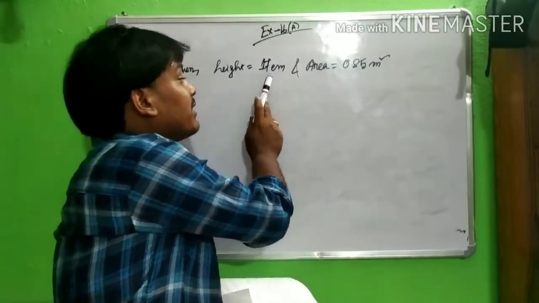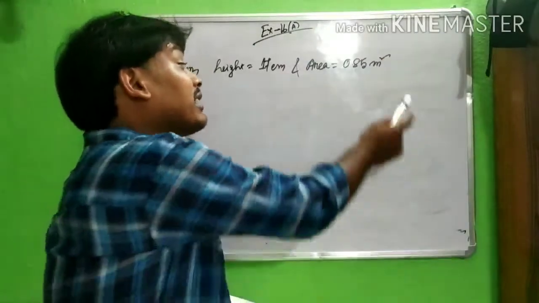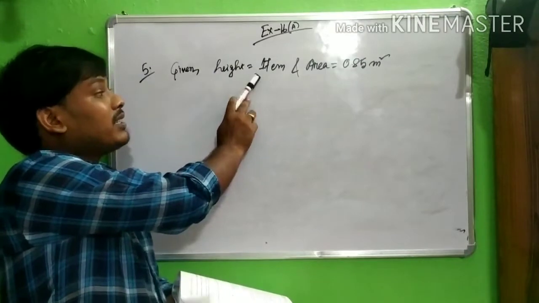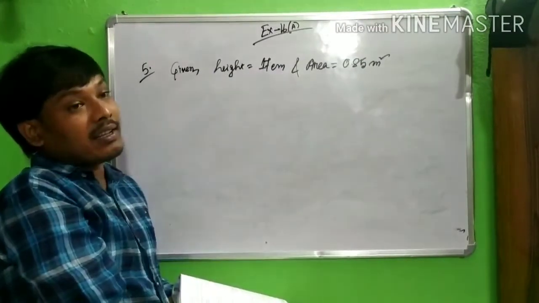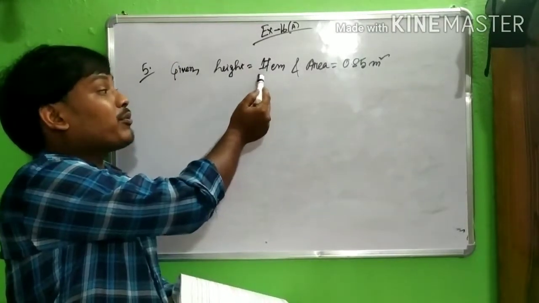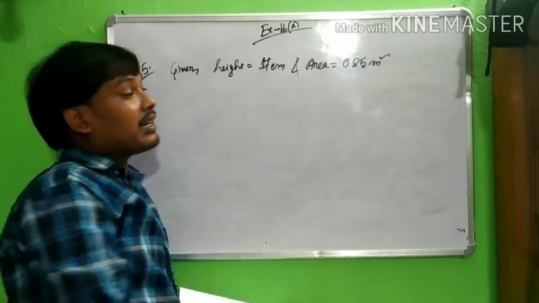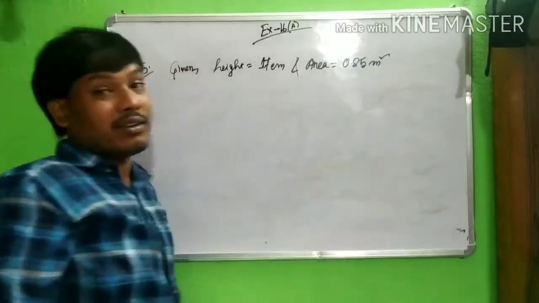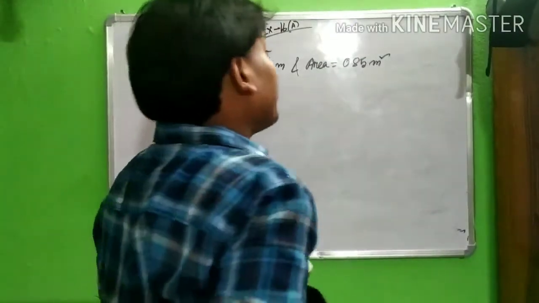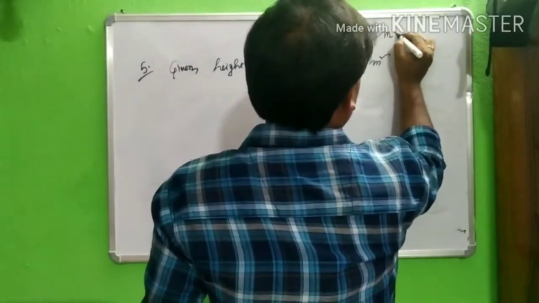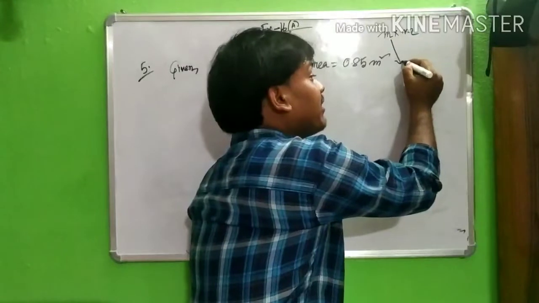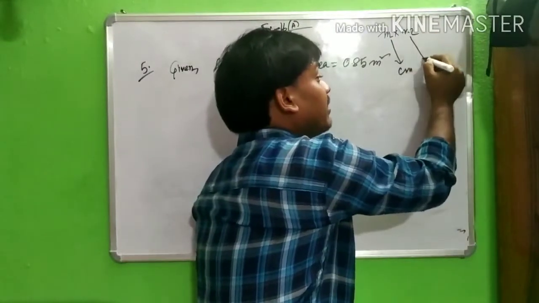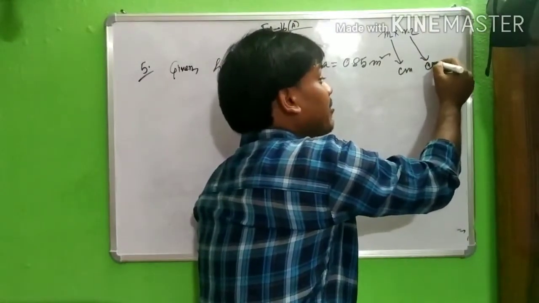You can convert this centimeter into meter, or this meter square into centimeter square. If you convert this height into meter, then we have to divide by 100. But in the case of meter square, that means meter into meter, so we convert this meter to centimeter.